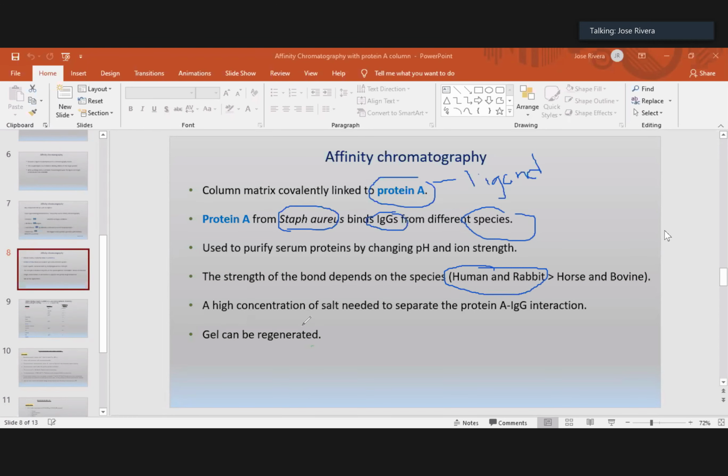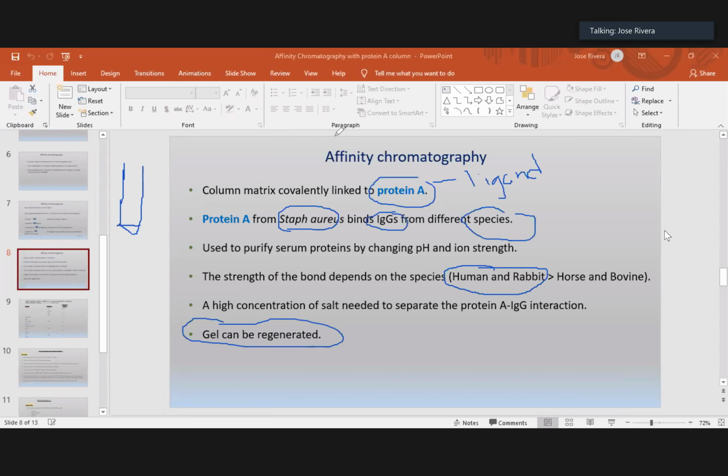Okay, so one thing about this protein A column, we already have this in the lab. We already have these columns that we made last year. We try to make a better drawing. So we have columns. They're made out of plastic, and they had the beads already here.